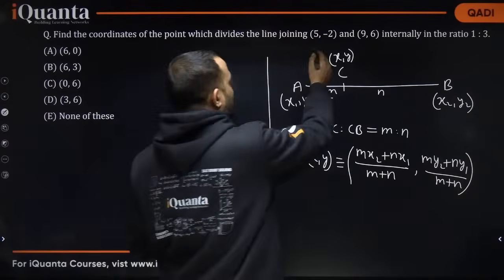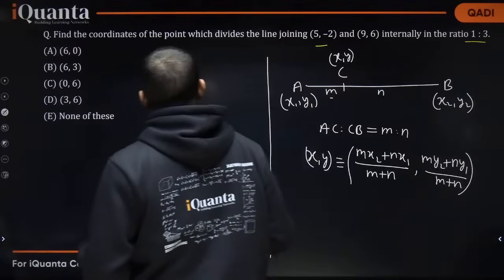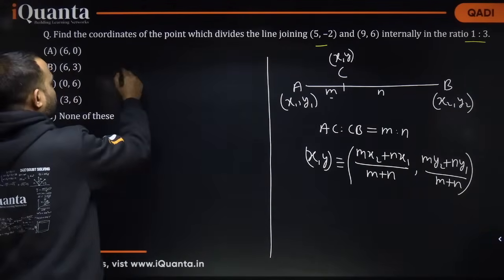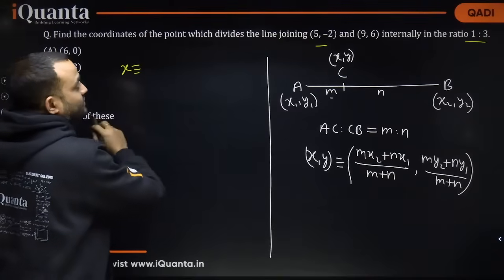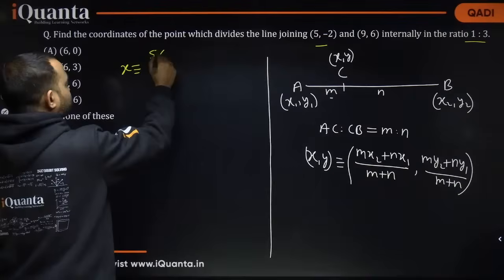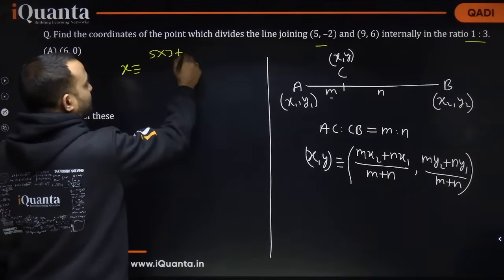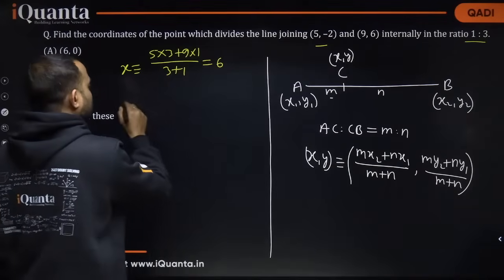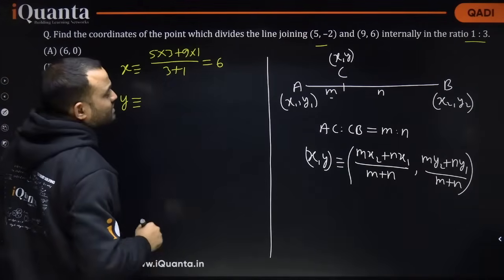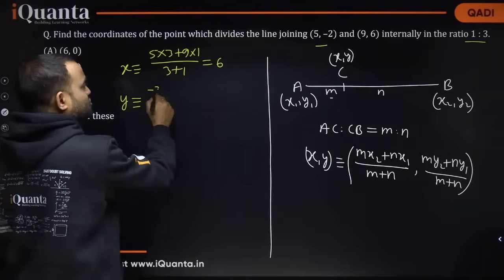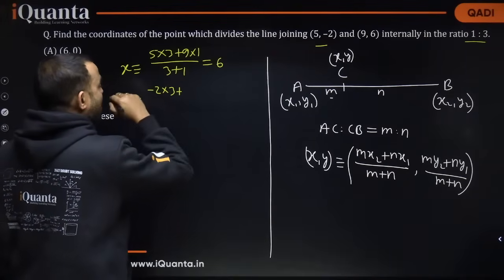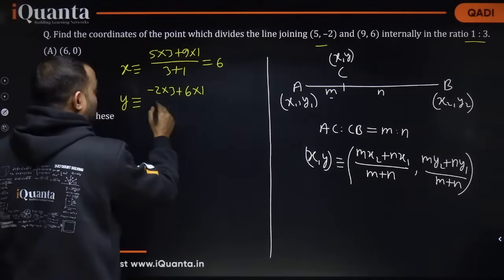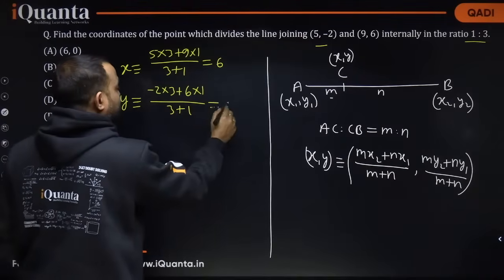So we have 1 point, we have 2 points. Find the coordinate of the point which divides the line joining them. What will be the x coordinate? It will be 5 into 3 plus 9 into 1 divided by 3 plus 1, which is equal to 6. What will be the y coordinate? This will be minus 2 into 3, sorry, and this will become 0.